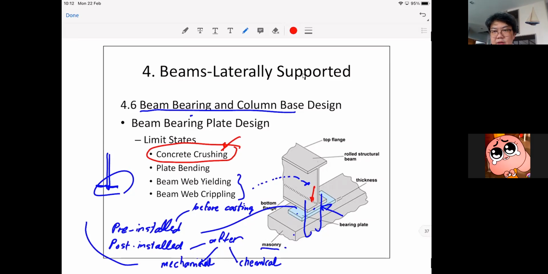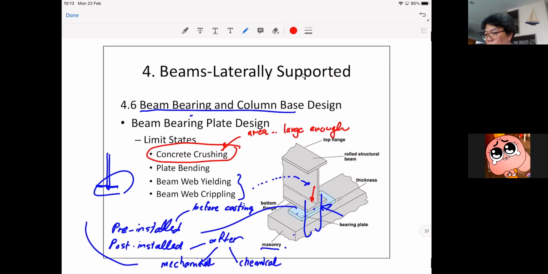And we prevent the concrete crushing by giving an area that's large enough. Remember what we do, the force is equal to the stress multiplied by the area, right? If the stress is the strength of the concrete, which you cannot increase, you will have to make sure that the area that will support the load is big enough.